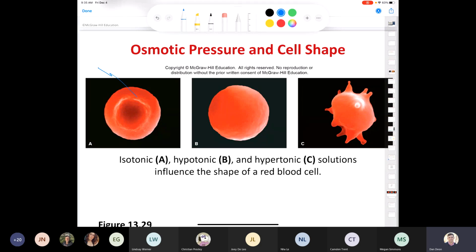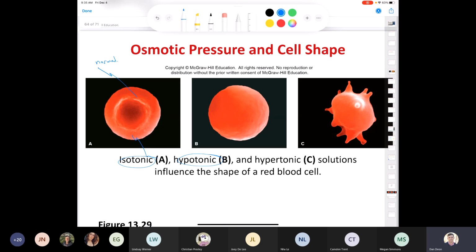It's in what's called an isotonic solution. That means the concentration of ions or particles inside the red blood cell is identical to the concentration outside, in the bloodstream. So the red blood cell has a normal shape, kind of like a donut.